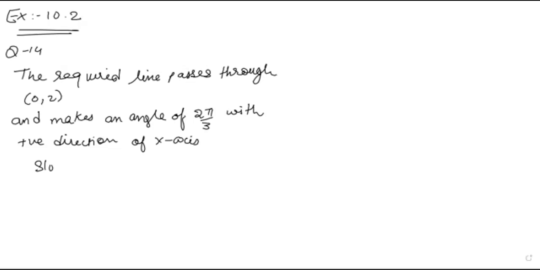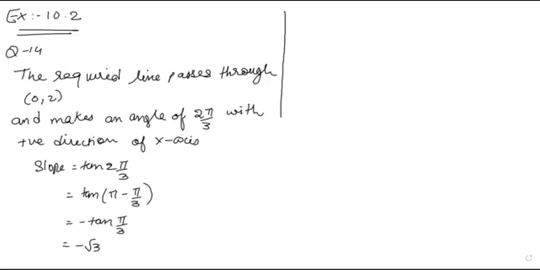So if I am interested in finding slope, then it will be tan 2π/3. But I can write this as π minus π/3, and as it is in second quadrant, it will be negative.